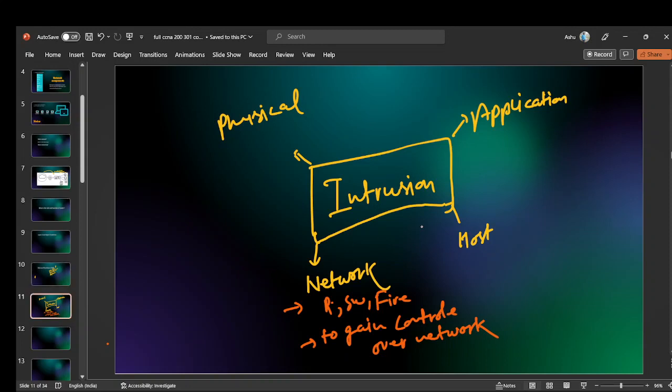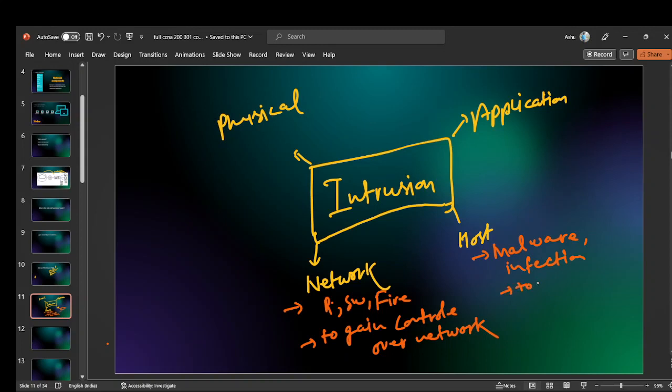Now, what is the host intrusion? This refers to unauthorized access or compromise of an individual computer or server within a network. Clear? Such as malware infection, and exploiting software vulnerabilities, gaining unauthorized administrative access.